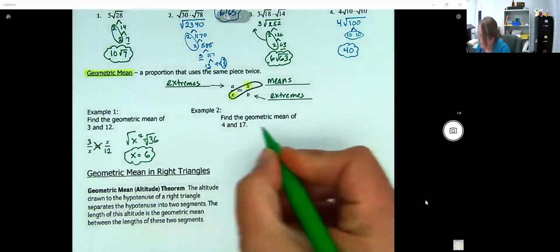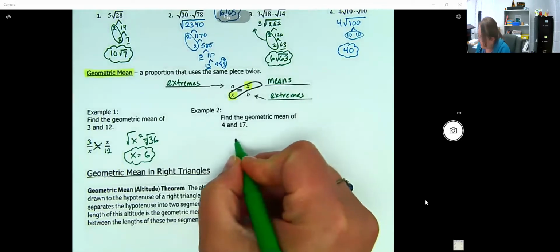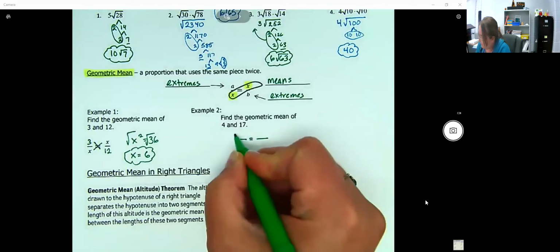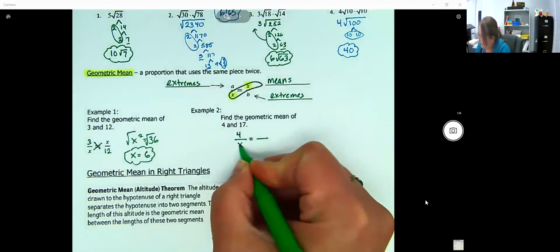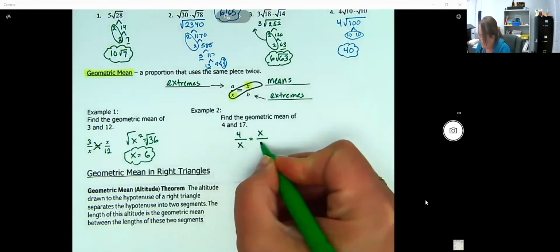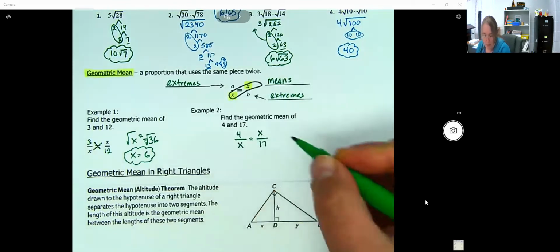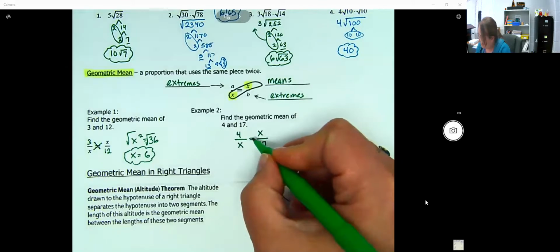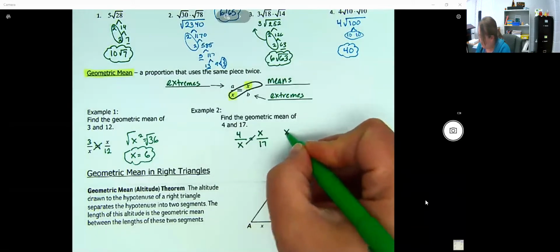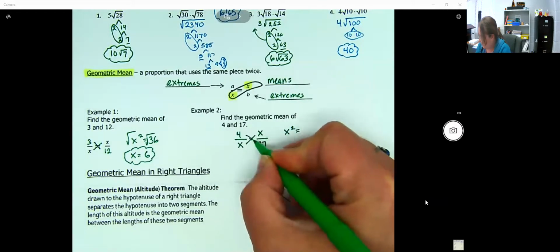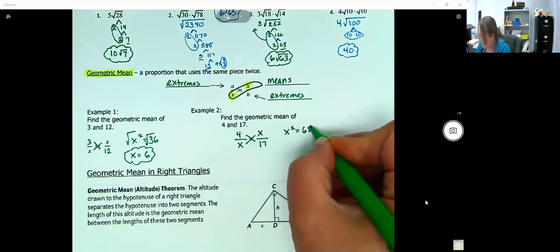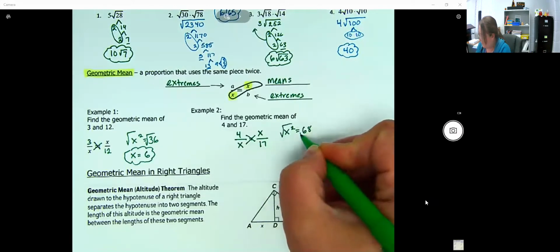Let's try it again. This time we're going to set up our own proportion. I'm going to put a 4 on top, x here, x on top, and then a 17 right here. Of course, we're going to cross and multiply. So we end up with x squared is equal to 4 times 17, which is 68. We want to find the square root there.